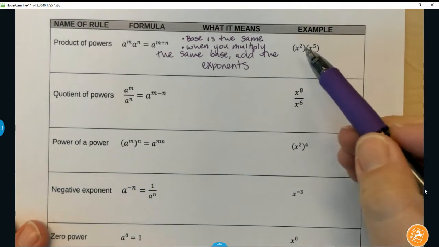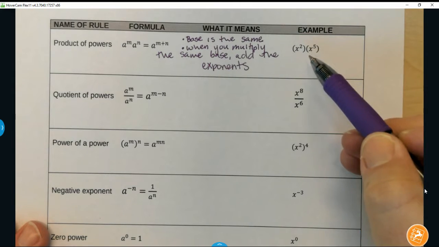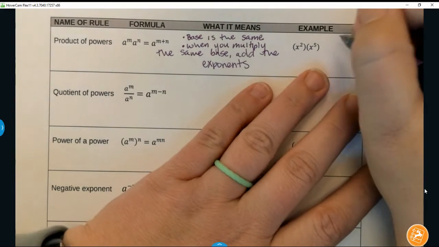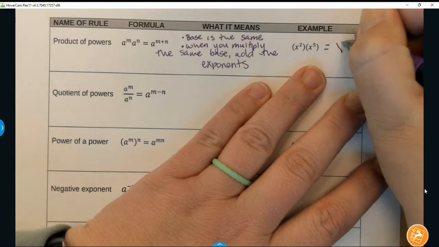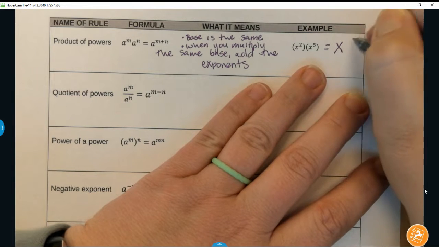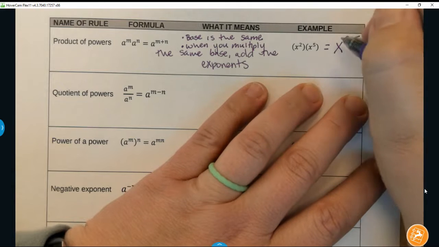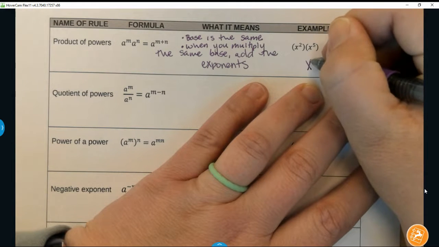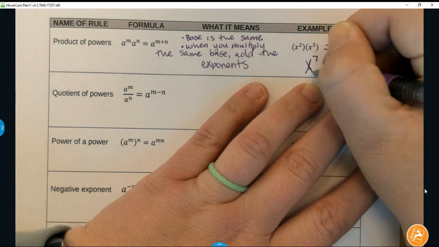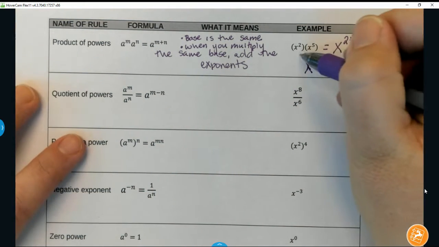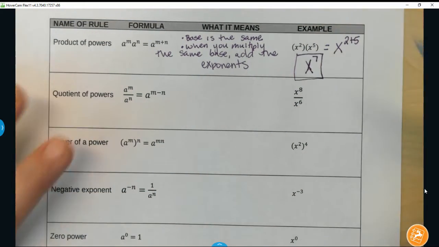So if you notice over here, we have x squared times x to the fifth. That means you are going to keep the base the same and you are going to add the exponents. So that would give us x to the seventh power as our answer.